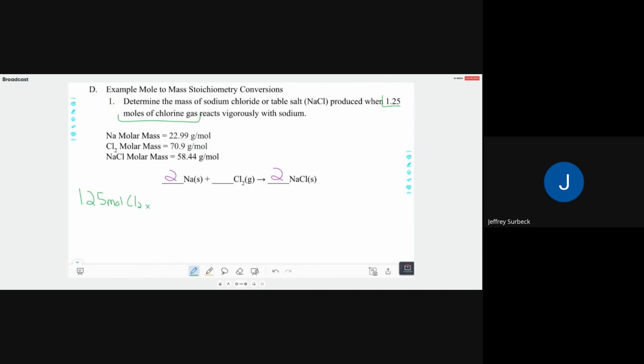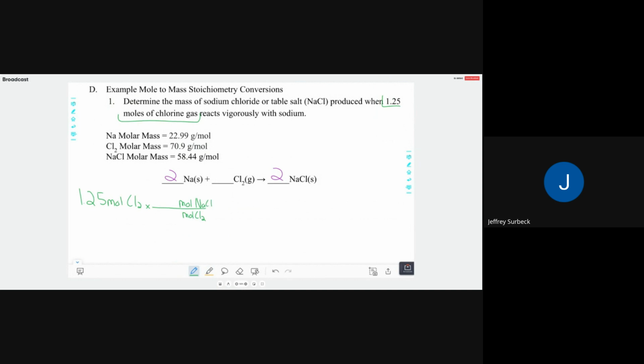We say times, and we draw our line. What unit has to be down and diagonal? Moles of Cl2. Now, we're already in moles, so we can convert to anything else as long as we convert first to moles of that substance. In this case, we want our NaCl, so we're going to put NaCl.